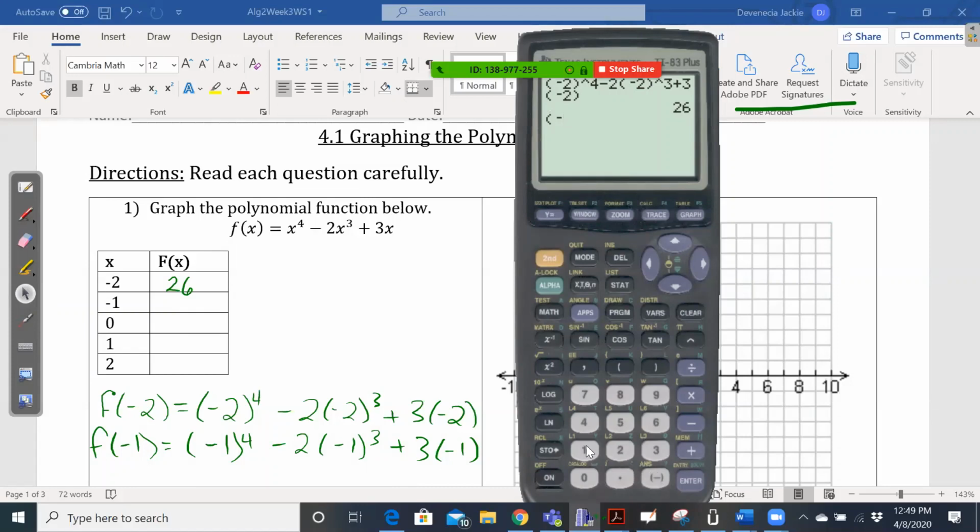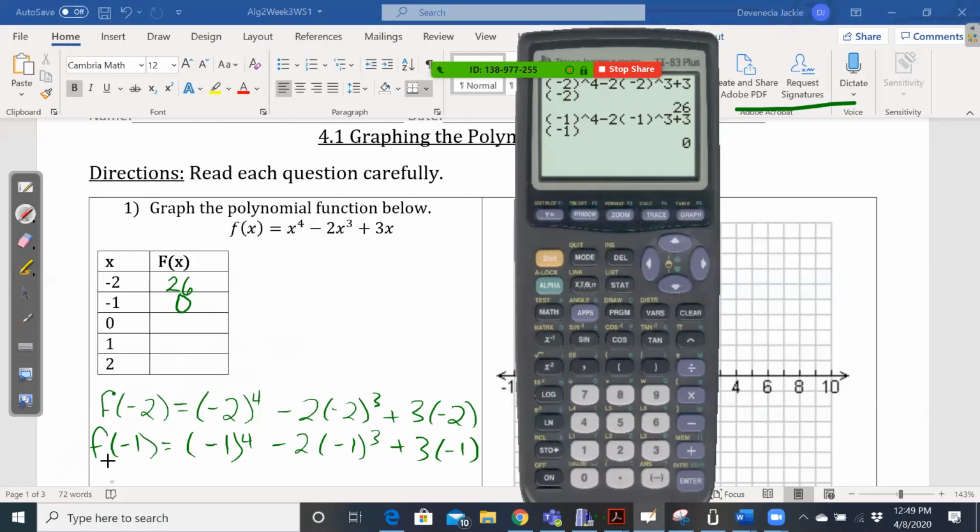Parentheses, -1, close parentheses, up 4, minus 2 times -1 to the 3rd power plus 3 times -1. All right, so now let's press enter, and I have a 0.